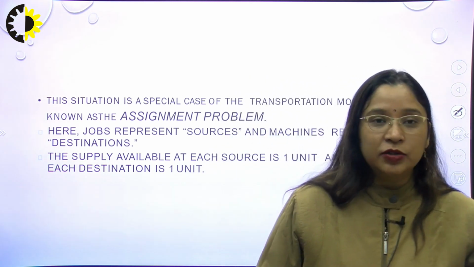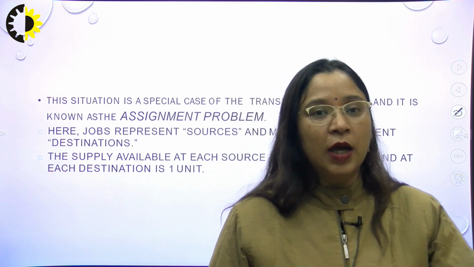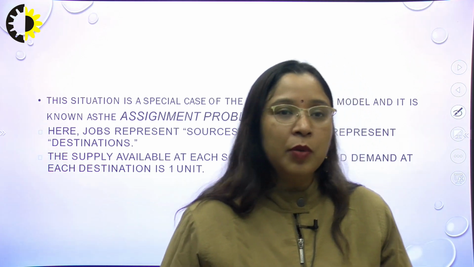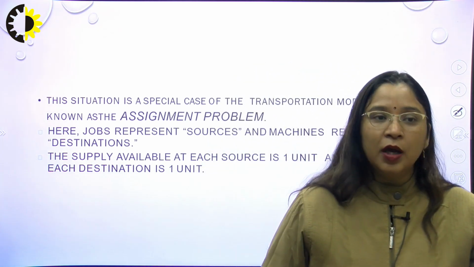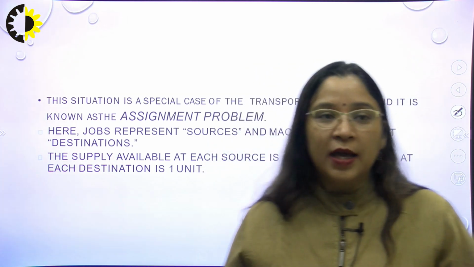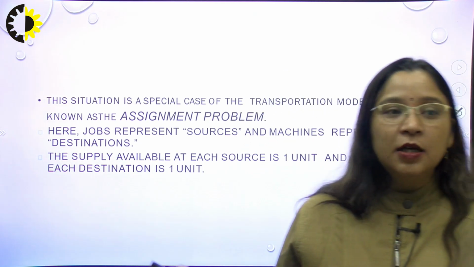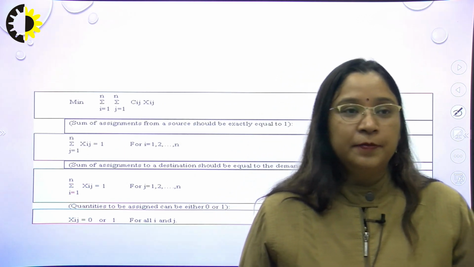So transportation involves a number of things. But in the assignment problem, there is only one source and one destination. The supply at each source is 1 unit and the demand at each destination is 1 unit.